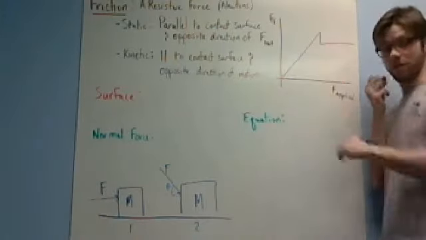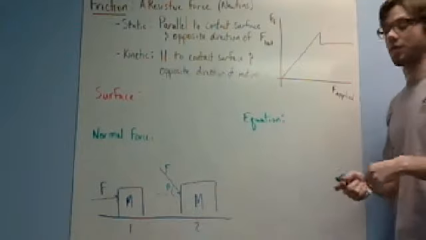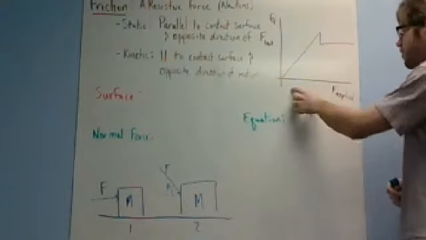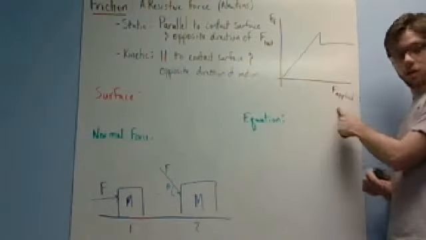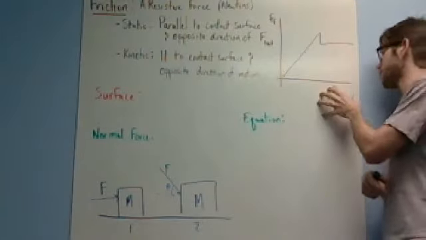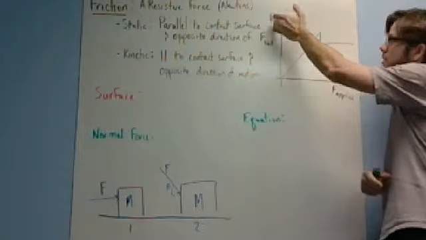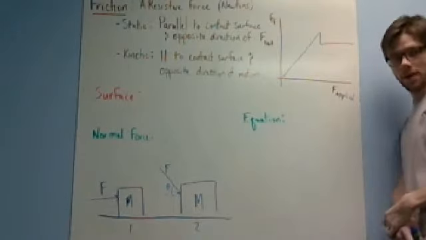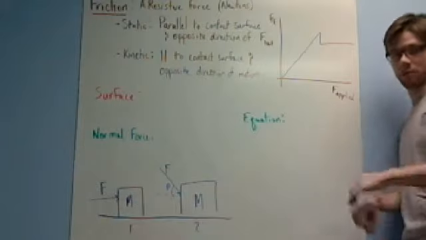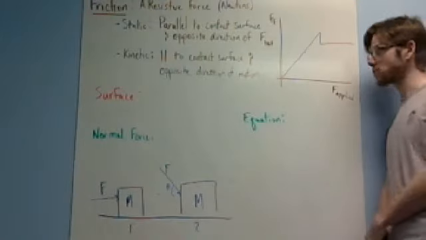It's helpful to visualize this in terms of a graph, which I'll explain very briefly. It is a graph of the applied force, so you might think about this as the force that's applied to the refrigerator, plotted against the force of friction. Let's keep our refrigerator example in mind, because it's an easy example to think about.